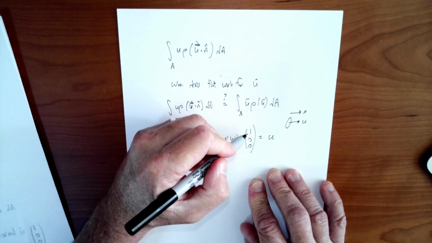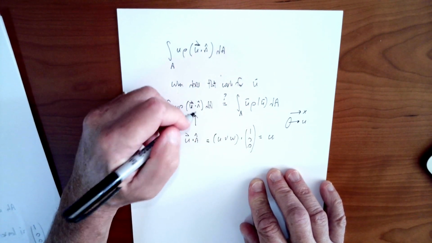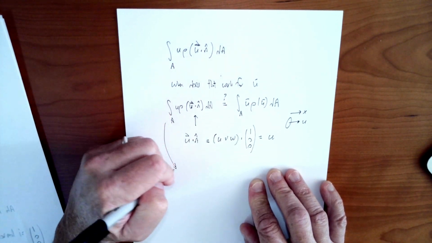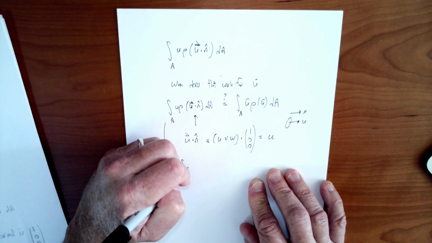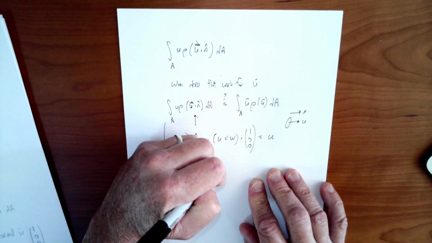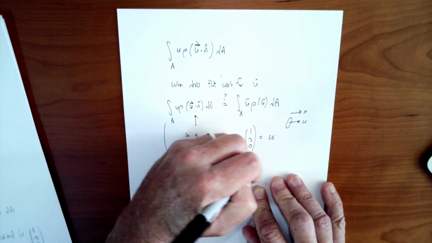So n hat is just (1, 0, 0). So u dot n in this case is just going to be u. So this integral becomes u squared rho dA, and then the other integral remains u bar squared rho dA.